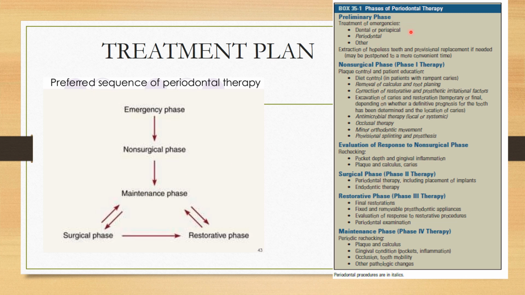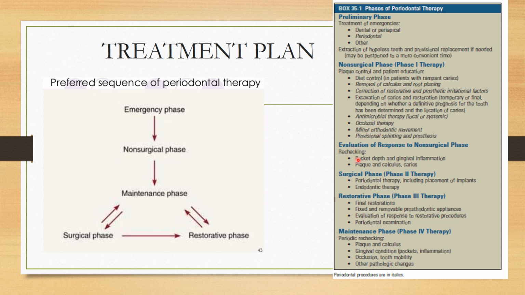So what is the preliminary phase? That is if there is any pain or abscess, all should be treated under this, and extraction of hopeless teeth should also be under the preliminary phase. Non-surgical phase, that is cause related factors, that is phase 1 therapy. So non-surgical periodontal therapy usually comes under the non-surgical phase.